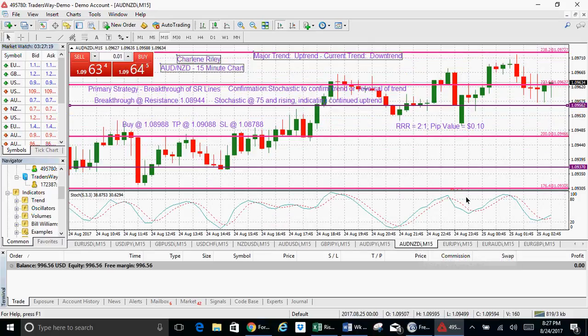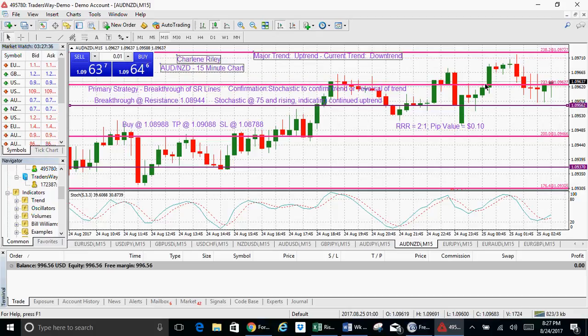Now on the Australian New Zealand, looks like the market wants to reverse, but I don't have confirmation of the reversal back to an uptrend.